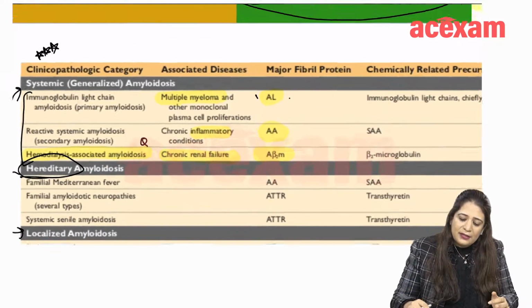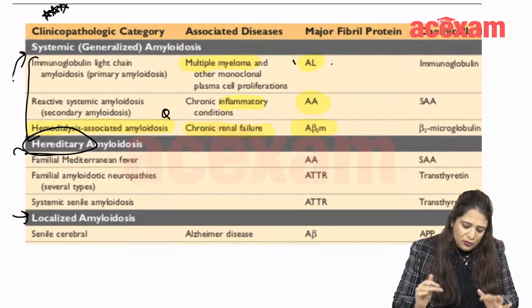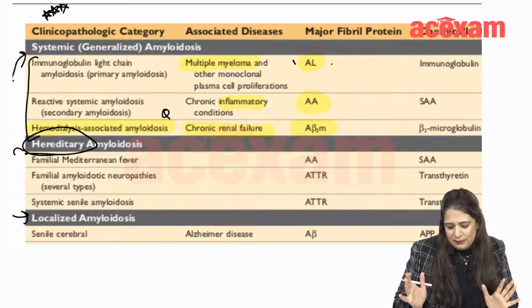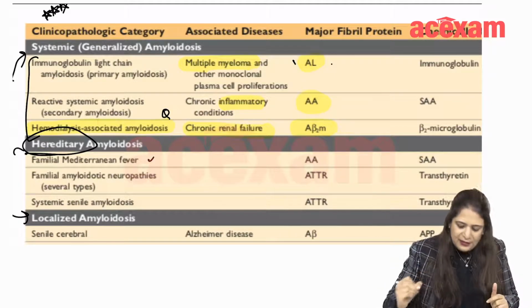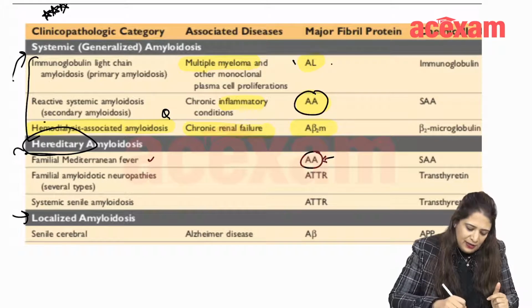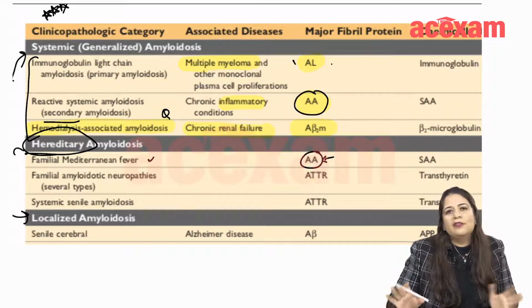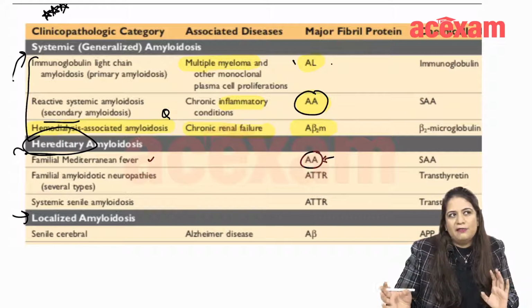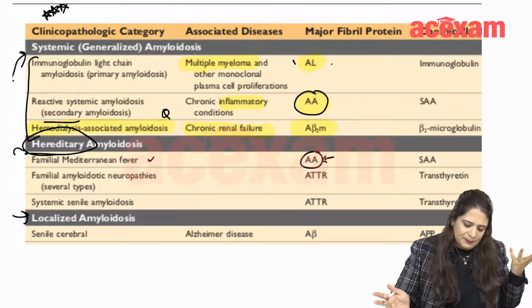Then if we look at the hereditary kind of amyloidosis, these might be a bit tricky to remember, but there is no other way out, my friends. So familial Mediterranean fever is associated with AA, like it was seen in secondary amyloidosis. So maybe you can remember that fever is an inflammatory condition, right? And inflammation is associated with secondary amyloidosis. So maybe this way you can remember.